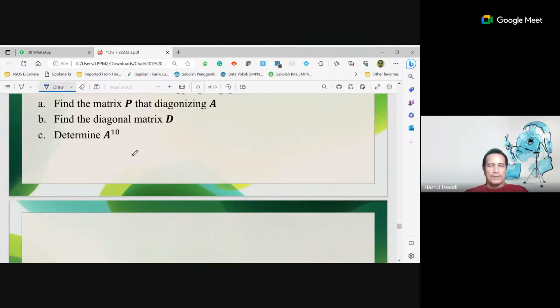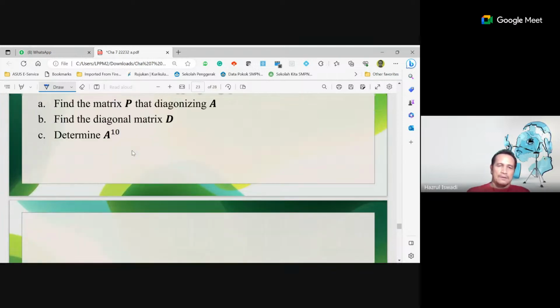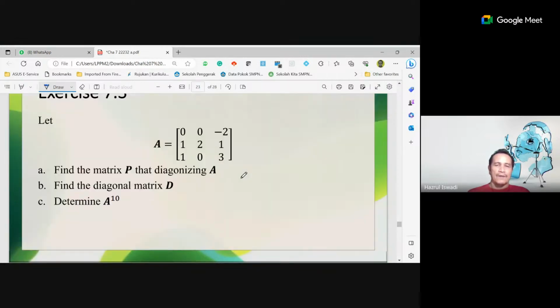Okay, let's do it. We should get our hands dirty, because we must work hard to find eigenvalues and eigenvectors.